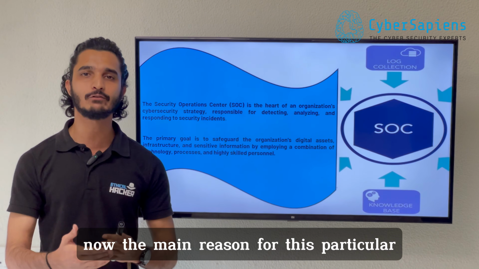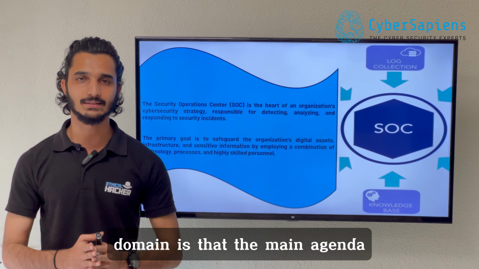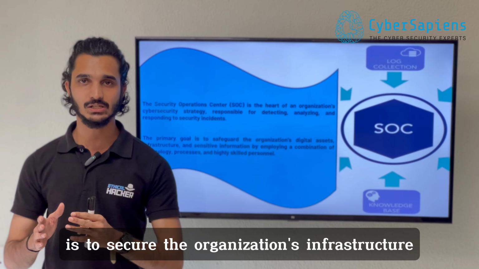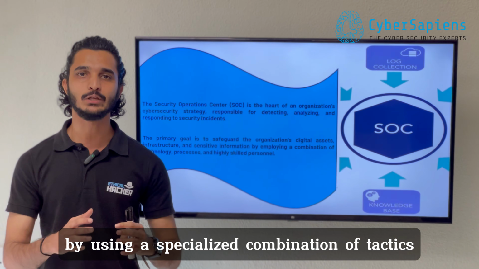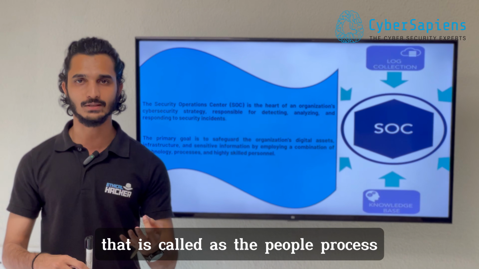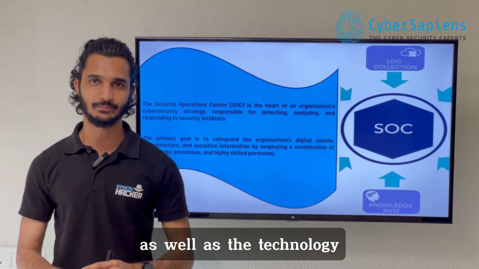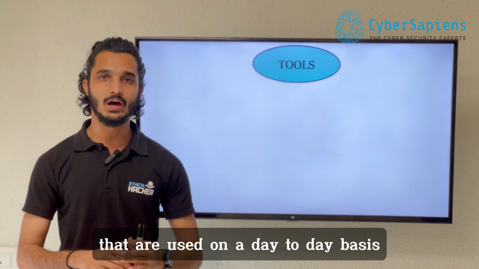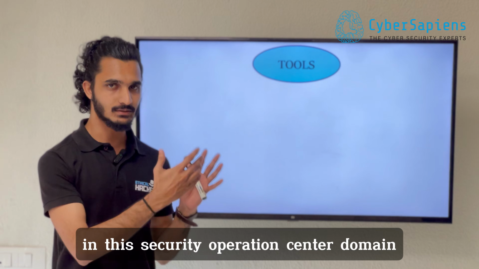The main agenda is to secure the organization's infrastructure and sensitive data by using a specialized combination of tactics called people, process, and technology.